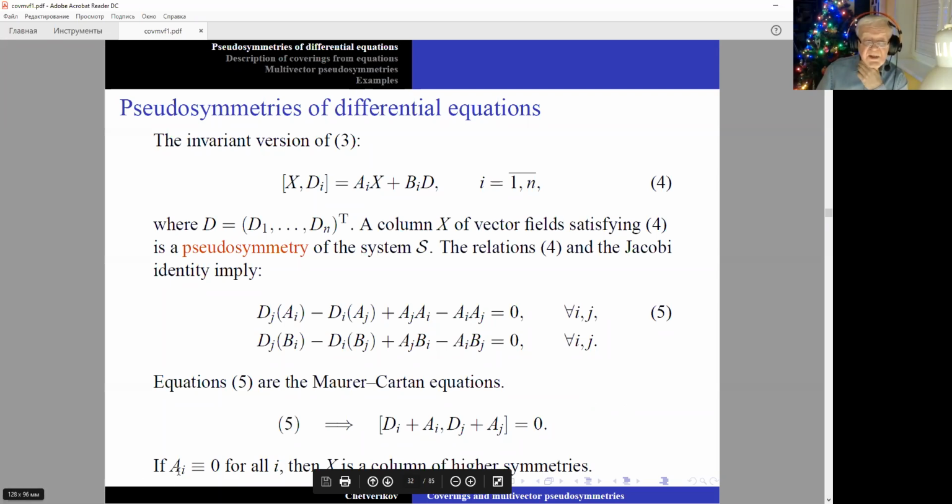If A_i vanishes for all i, then X is a column of higher symmetries. Thus, pseudosymmetries generalize higher symmetries.